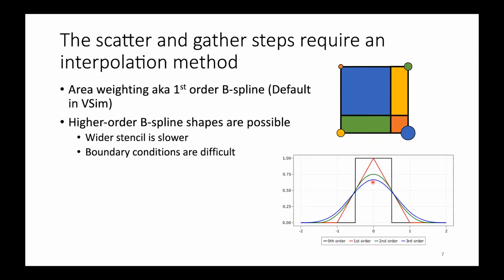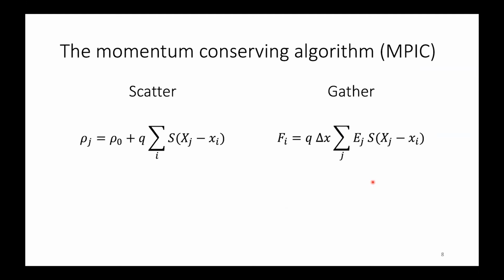So with that in mind, let's talk about how the standard momentum conserving algorithm works. So if you ask VSim to generate a PIC simulation for you, it will create a scatter step that looks like this.